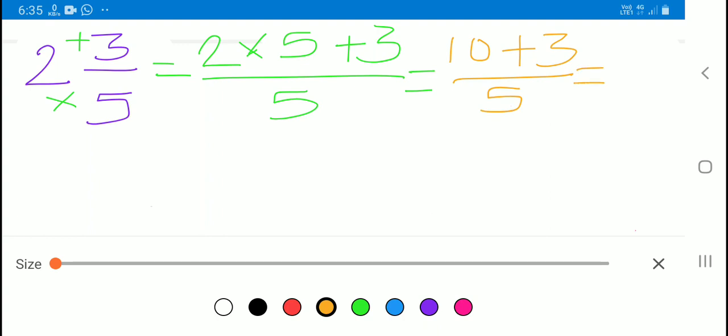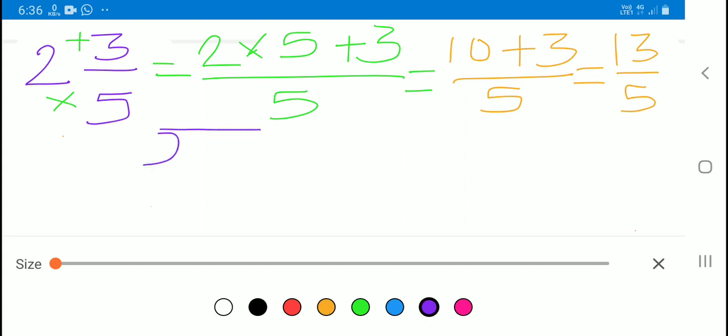Now look here, 10 plus 3, 13 upon 5. Before that we had seen how to convert an improper fraction into a mixed number. Look, how did it come? That I will show you. This 13 upon 5, is it coming 2 and 3 upon 5? That I will show you here.